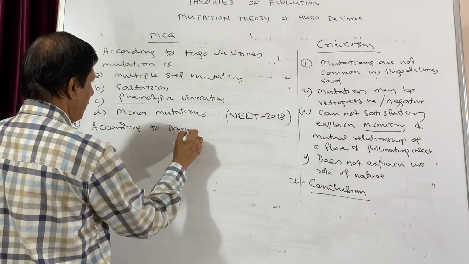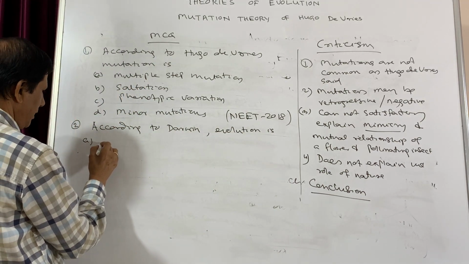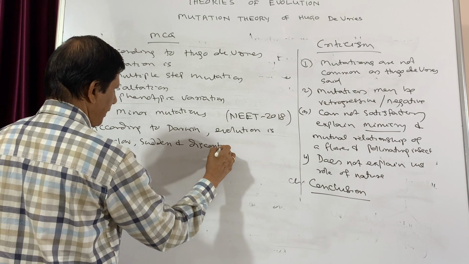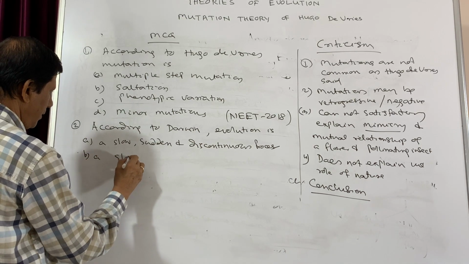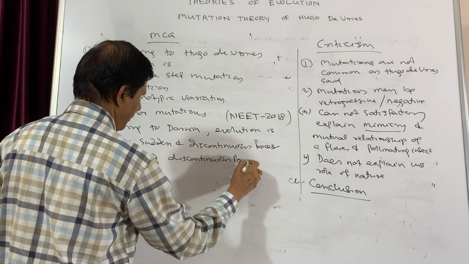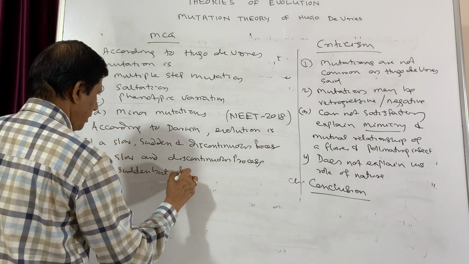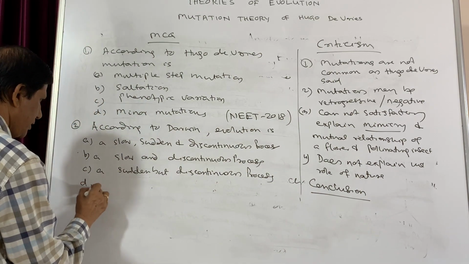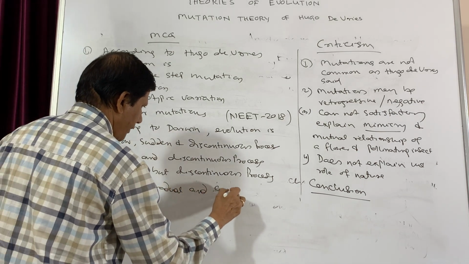According to Darwin, evolution is: first choice, a slow, sudden and discontinuous process; second choice, a slow and discontinuous process; the third one, a sudden but discontinuous process; and the fourth choice, a slow, gradual and continuous process.